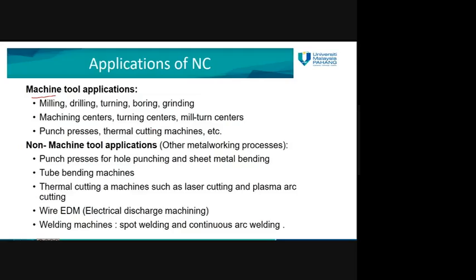Each type of machine has its own structure and its own tools. Even though they have the machine control unit in common, the tooling part, or the machining part, is different from one application to another.